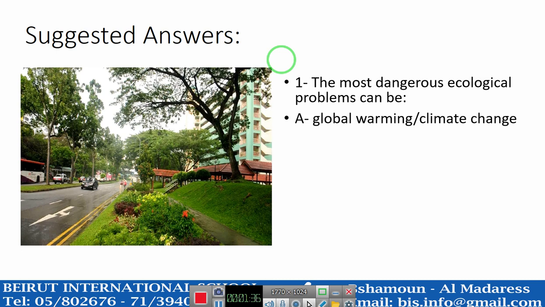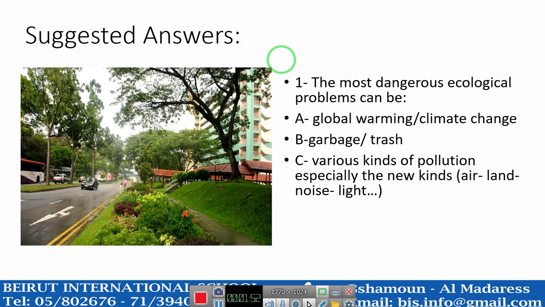In addition, health problems and diseases, as well as the death of many people. The second problem is garbage or trash, as well as the various kinds of pollution, especially the new kinds such as noise pollution and light pollution.